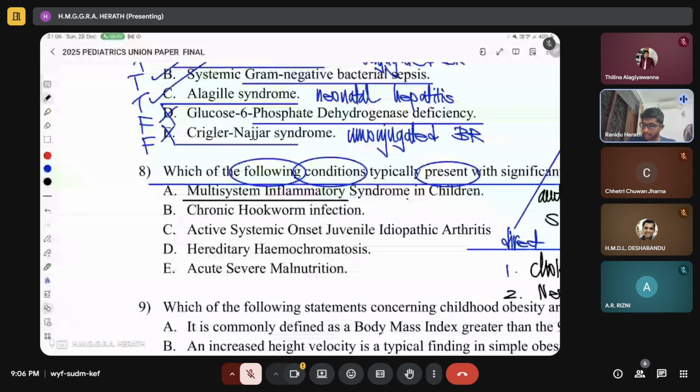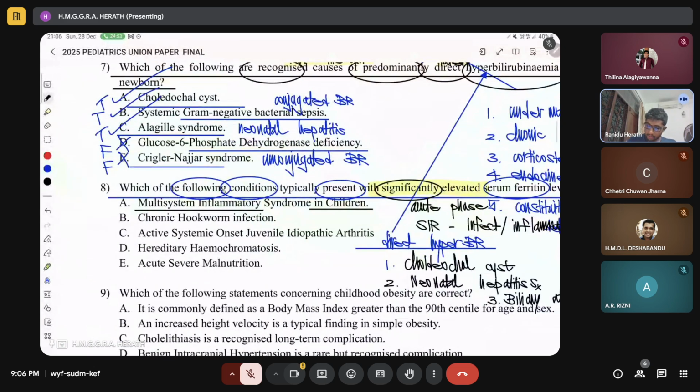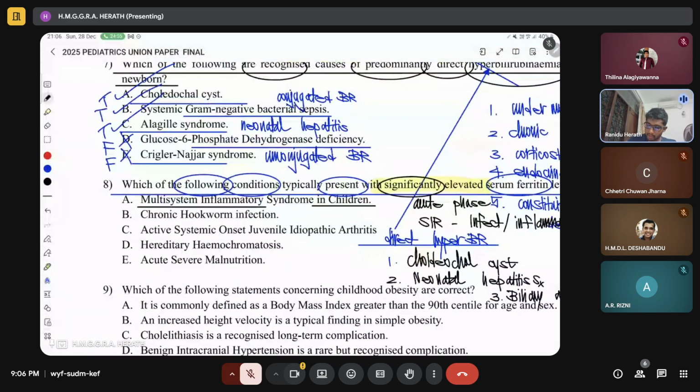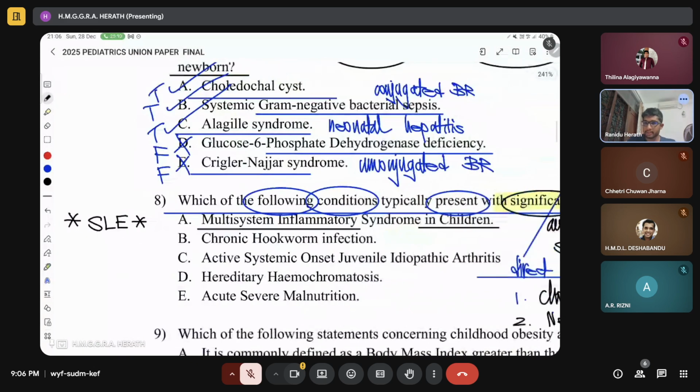Multi-system inflammatory syndrome in children. Now there is a problem here: significantly elevated, right? That is a keyword which is included in the MCQ, right? Multisystem inflammatory syndrome is like an SLE condition, but not like SLE, where you get systemic inflammation in one or more organs, right?